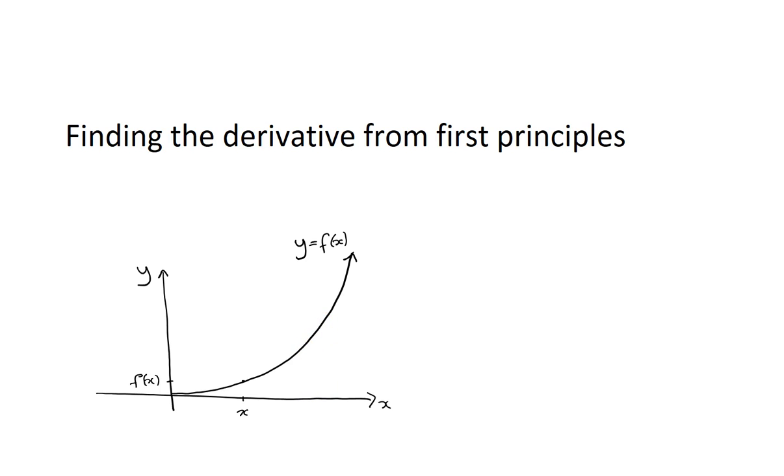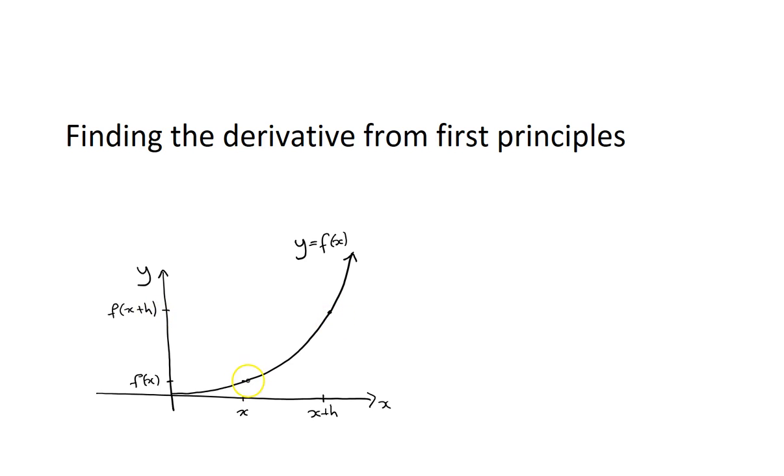To find the derivative from first principles, I'm going to use our original formula for gradient. I'm going to choose another point further along the graph, which is h further along. So this is x plus h. That will give us a point here, and this value on the y-axis will be the function of x plus h.